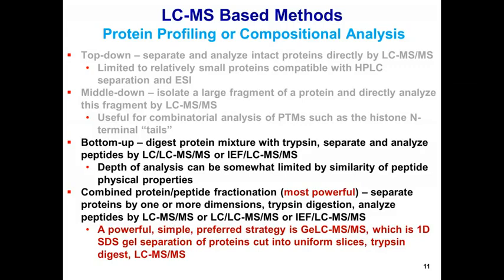One thing you'll note in all of these procedures, the last step in all of them is LC-MS. So the variation is, do I first digest the protein into peptides, or do I separate proteins first? And what method of separation, if any, do I have before the LC-MS step?